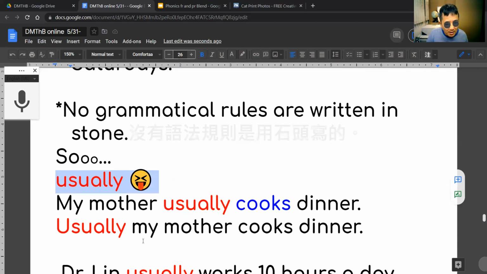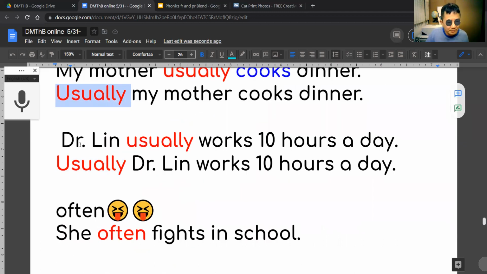So that is one exception to the rule. So usually follows the rules. It appears before the common verb, but sometimes it breaks the rules and it appears at the very beginning of the sentence. Continue. Another example, right? Dr. Lin usually works 10 hours a day.